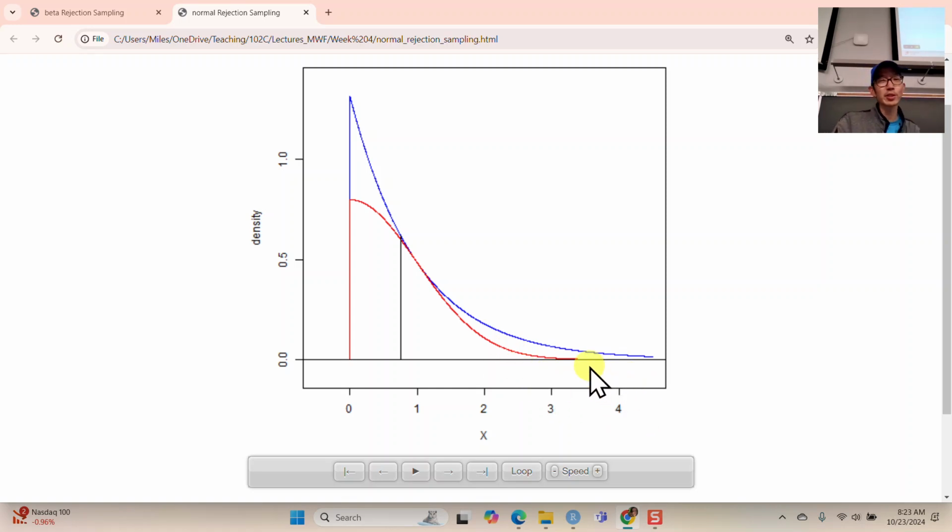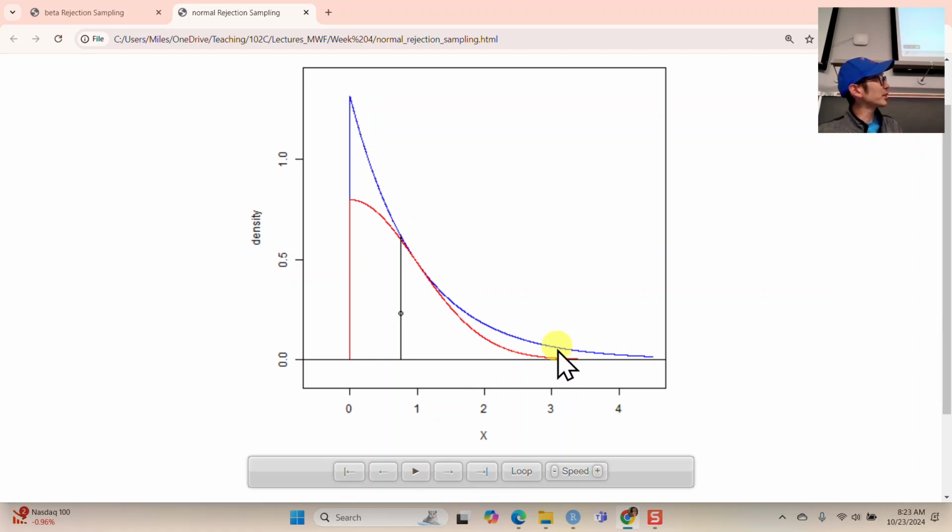It's a little bit hard to illustrate how often these values are being proposed. But here it proposes a value like 0.8 or something. The acceptance ratio there is close to 100%. Recall that if U is 1, it's at the top of the blue line.